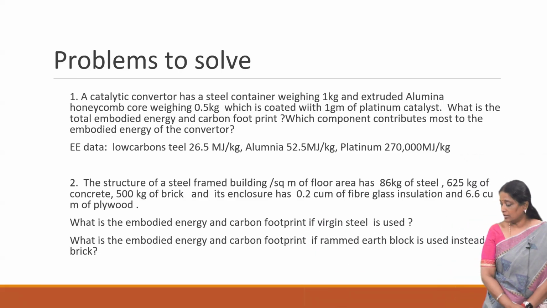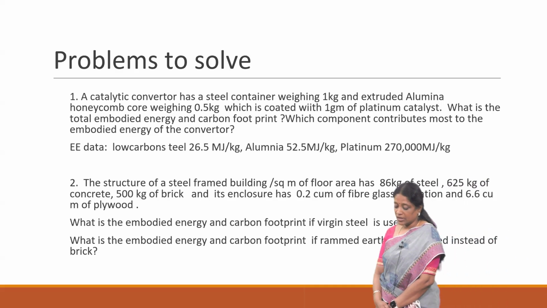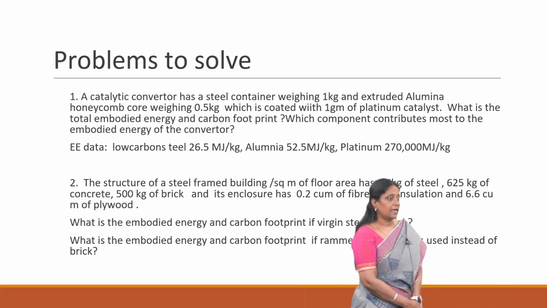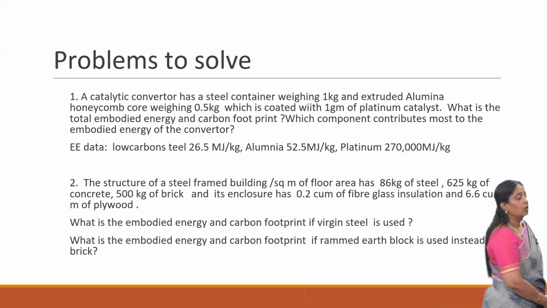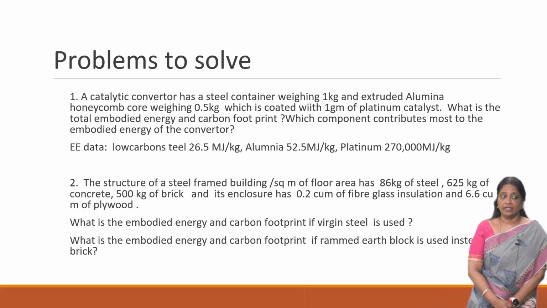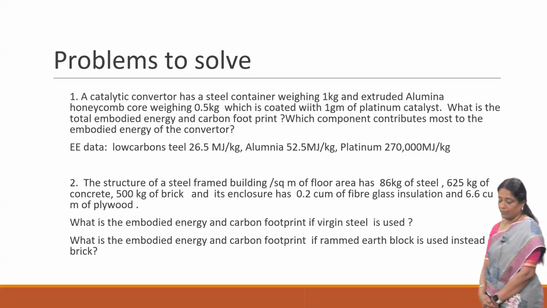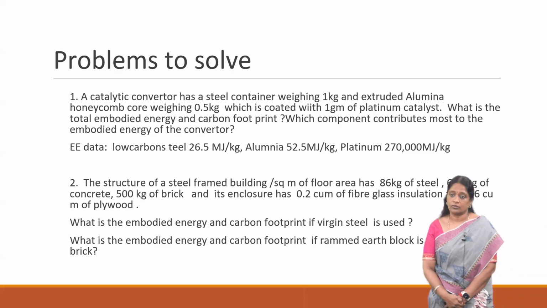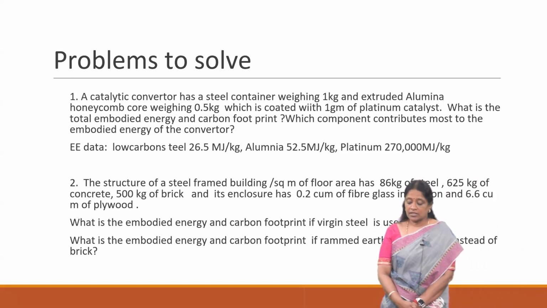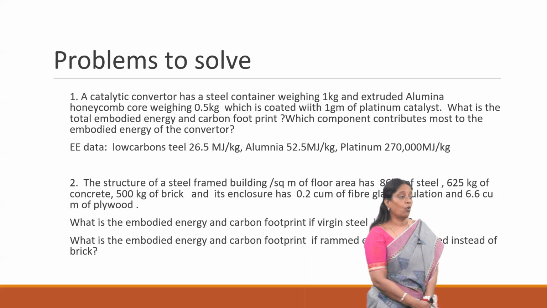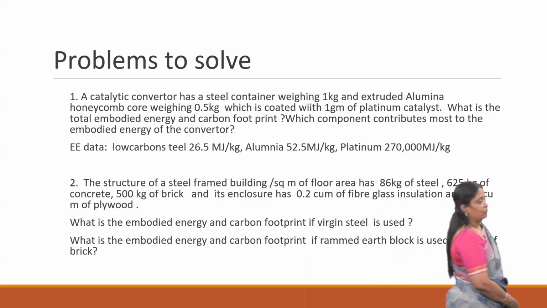You know how to calculate it? Embodied energy per kg is given, and the weights of the 3 different materials which go into manufacturing this are given. What is the total embodied energy? It's a simple calculation, right? 323. And which is the one contributing most to this embodied energy?